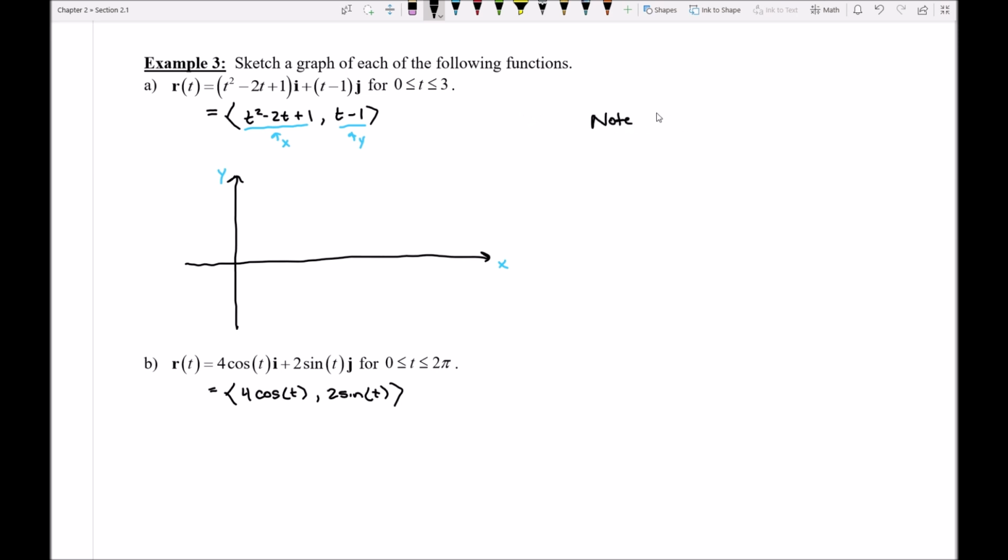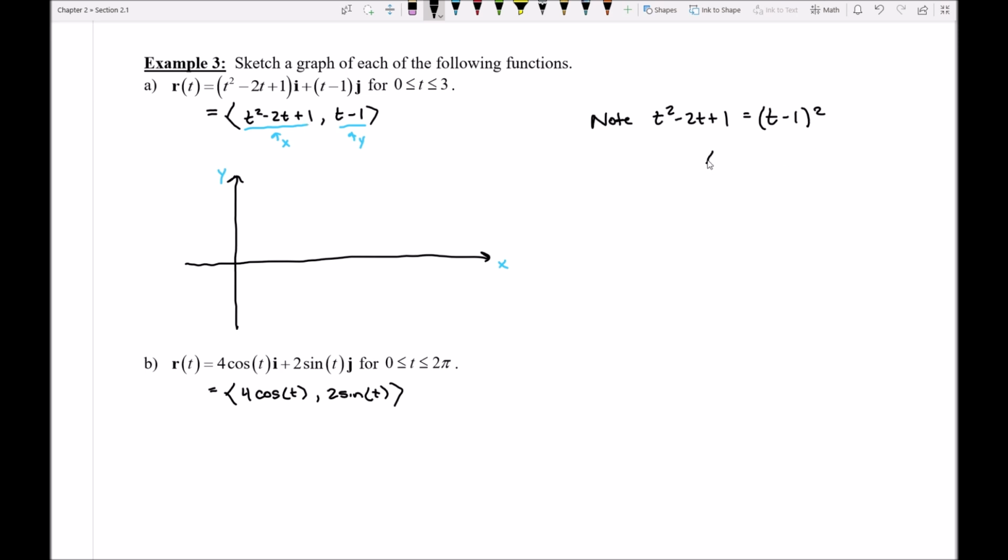Note that t squared minus 2t plus 1 is related to the quantity t minus 1, because if you were to square t minus 1, you end up getting what we have for x. Now, this doesn't necessarily occur with every vector function, but it's an interesting thing to note here, and it lets me understand what this function looks like much more easily.